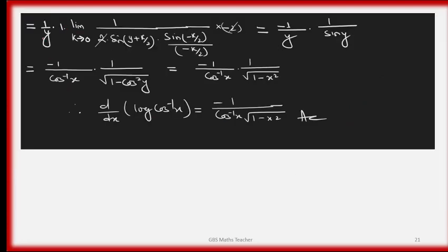Then 1 by y, that is 1, limit k tends to 0 of 1 by minus 2 sine of y plus k by 2 times sine of k by 2. The minus signs cancel, and the 2 stays as it is.